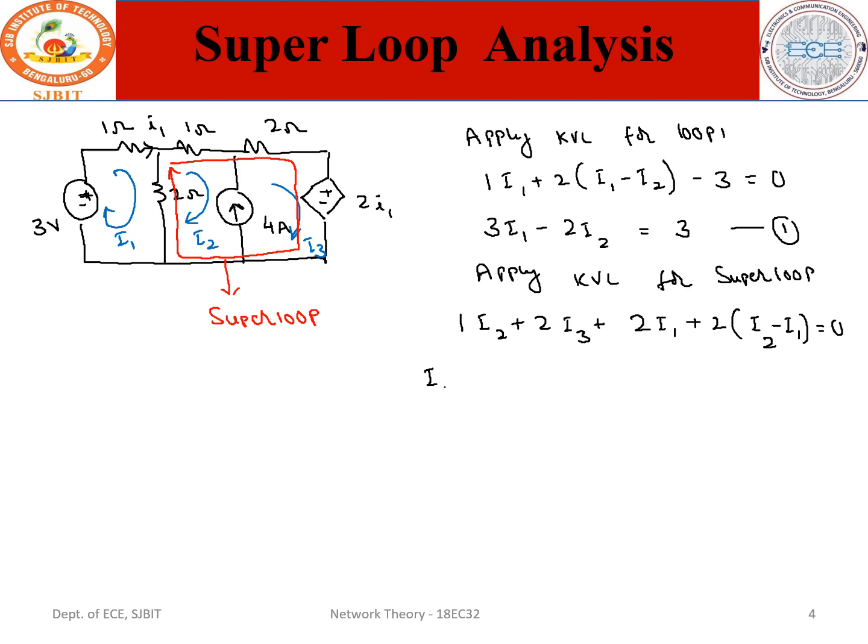Simplify this: I2 plus 2I3 plus 2I1 plus 2I2 minus 2I1 is equal to 0. The 2I1 cancels. Then we can write it as 3I2 plus 2I3 is equal to 0.